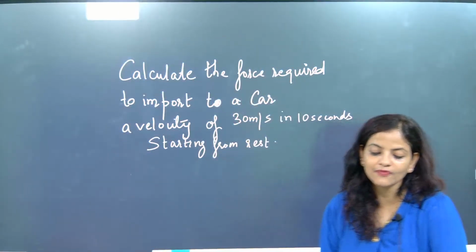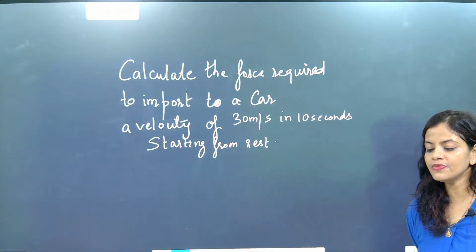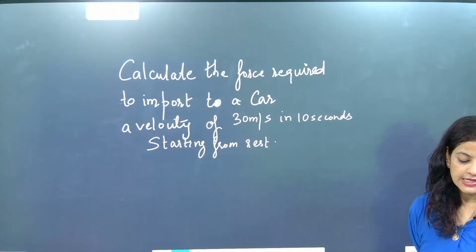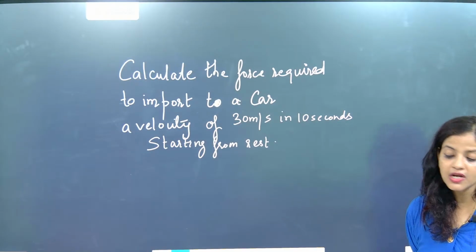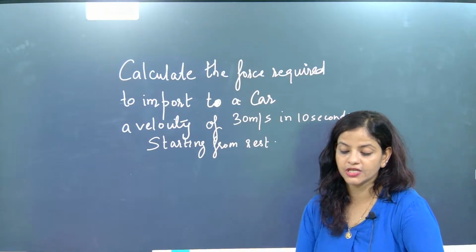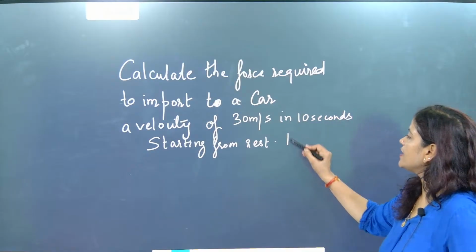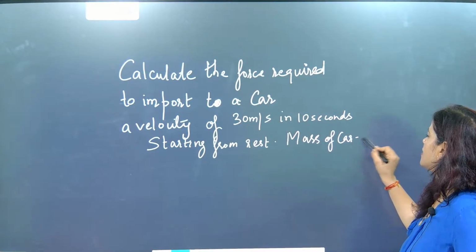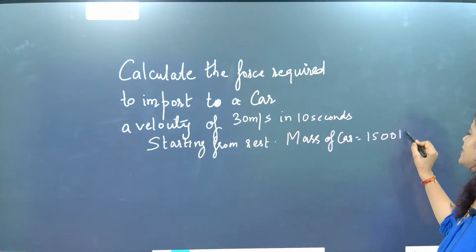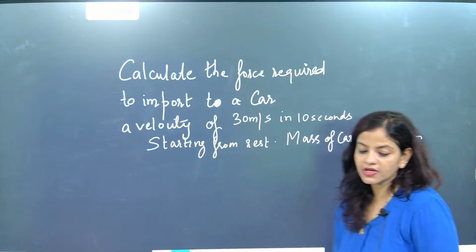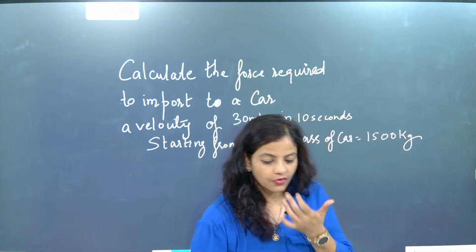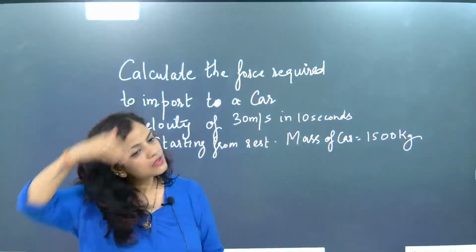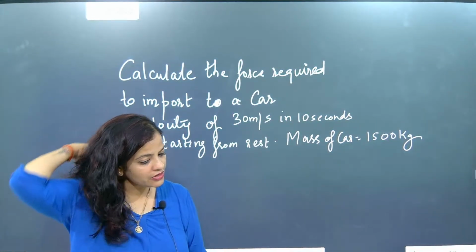So from where do you have to start? We have to start from rest. And after that they are telling the mass of the car is 1500 kg. Mass of the car given is 1500 kg. Now we need to solve the question. Starting from rest means initial velocity will be 0.